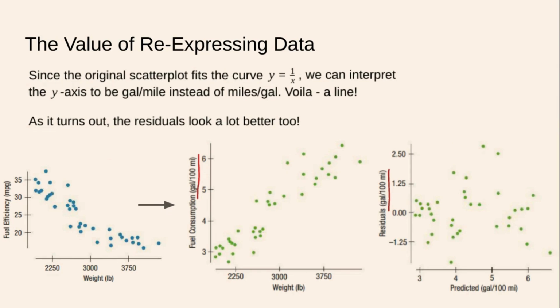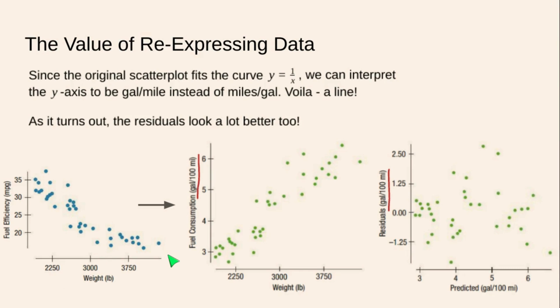So, since the original scatter plot kind of fits a curve of y equals 1 over x, like, to the right of the y-axis we have this sort of shape in the graph of y equals 1 over x, which you remember from algebra, pre-calc, those kinds of courses. We can interpret the y-axis to be gallons per mile instead of miles per gallon. Now, why does that work?